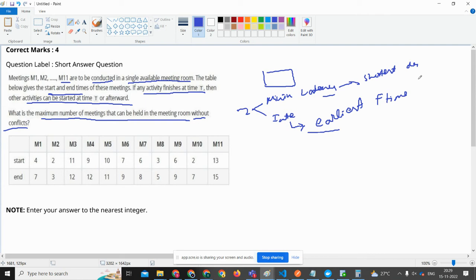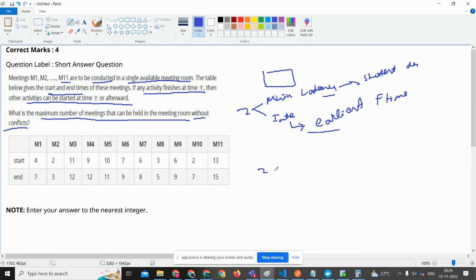Earliest finish time and earliest deadline are the same, I understand. Mahi, where are we? We choose the one with the earliest finish time. Yeah, we choose M2 first.